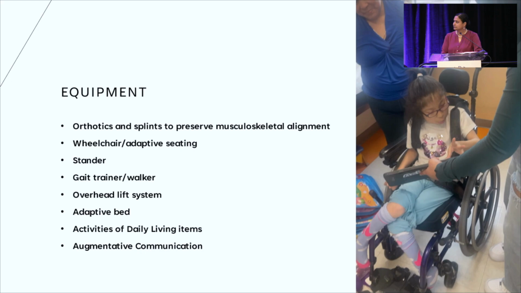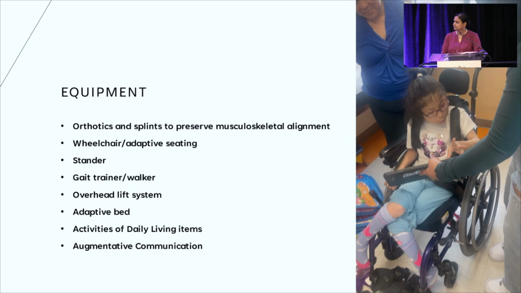Adaptive beds, I'm a huge proponent of ones that elevate the head, elevate the legs, and provide some positioning for the individual for comfort. Sleep is so important for function and for health. So being able to have adaptations within the bed so that everybody in the household can get sleep.